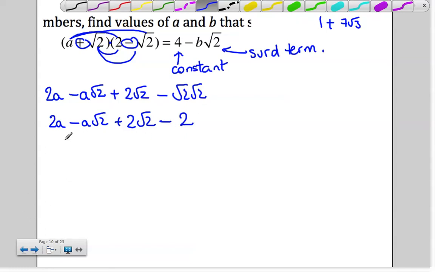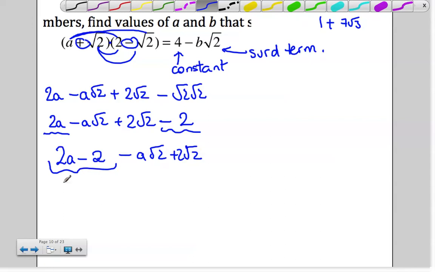What I'm going to do now is put all the constant terms together, all the surd terms together. So the constant terms are this one and this one. So I get 2a minus 2, and then minus a root 2 plus 2 root 2. So this bit here is the constant term, and this bit here is the surd term.